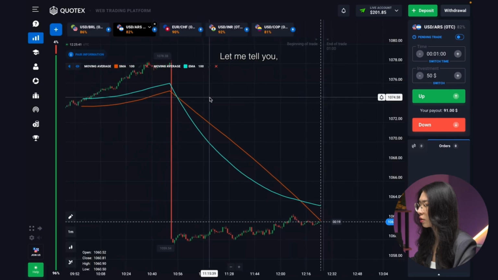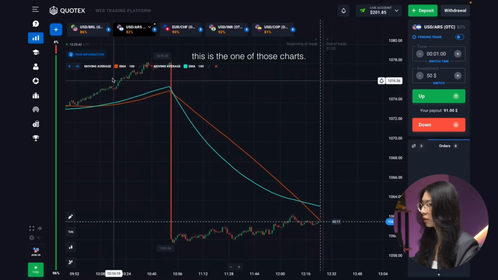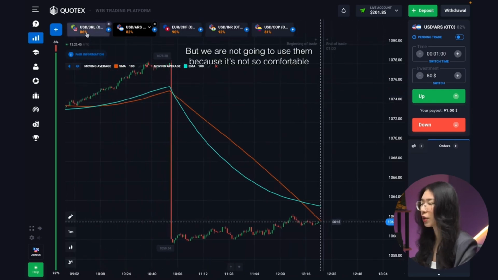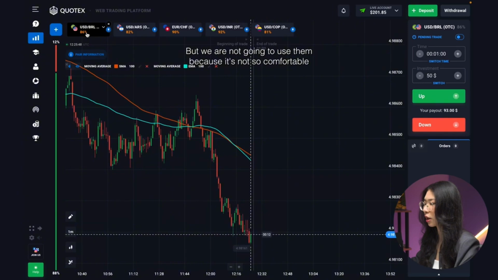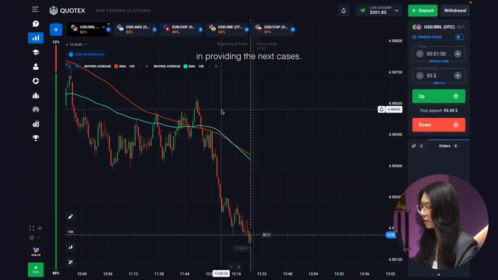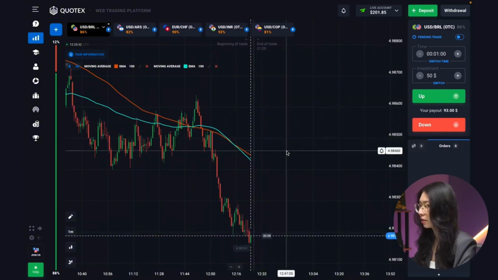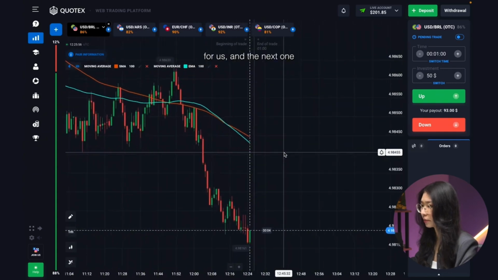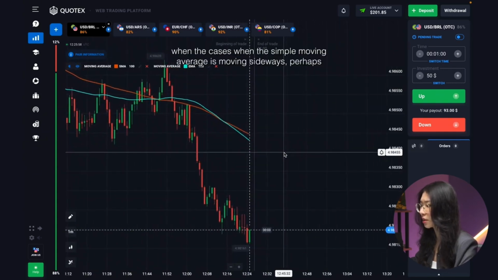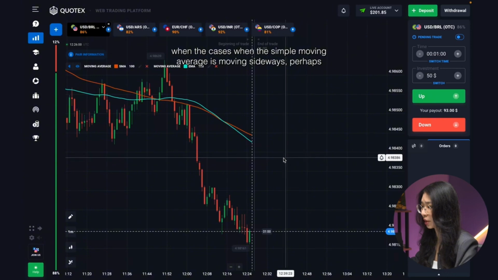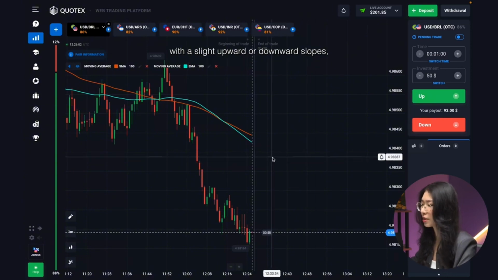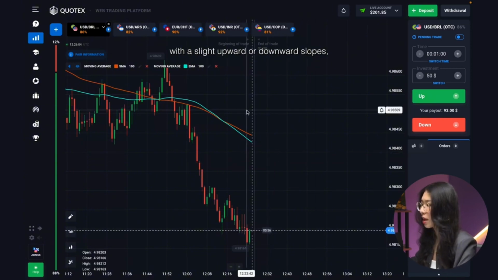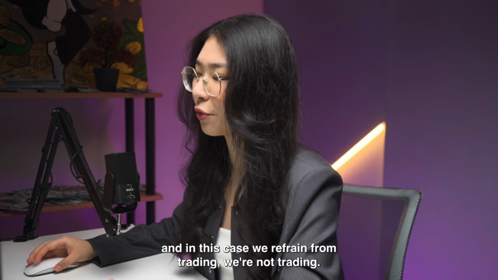Let me tell you, this is one of those charts, but we're not going to use them because it's not so comfortable for the next cases. For example, this one would be more suitable for us. And the next case is when the simple moving average is moving sideways, perhaps with slight upward or downward slopes. In this case, we refrain from trading.